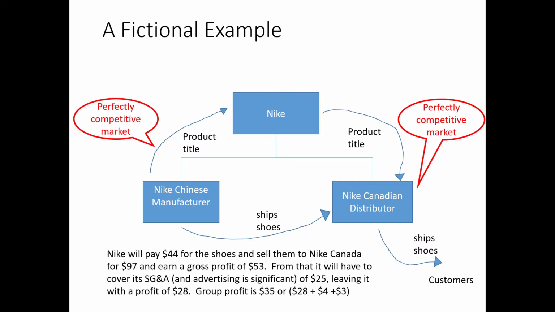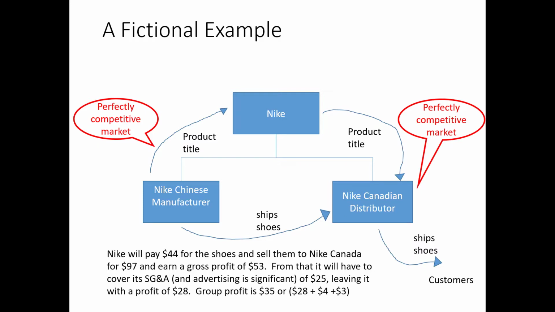And from that, it's going to have to cover its SG&A, its sales and general administration expenses, etc., that's going to include their advertising budget, and that is significant for Nike. You can imagine. Let's suppose that that's going to be like a $25 expenditure in this chain, leaving Nike with a profit of 28.